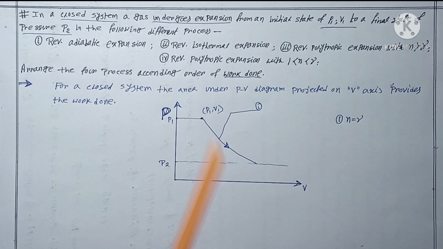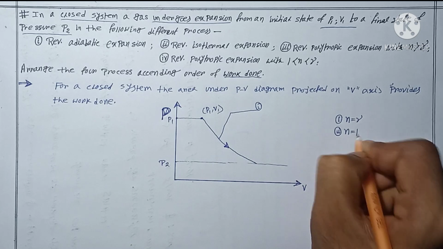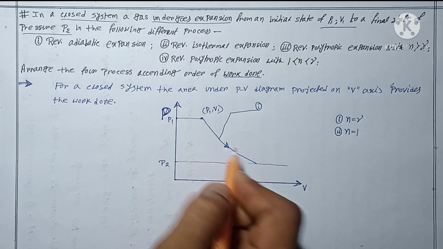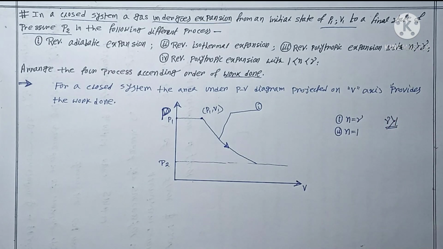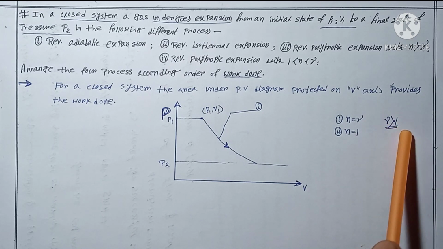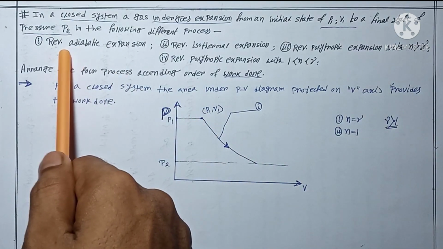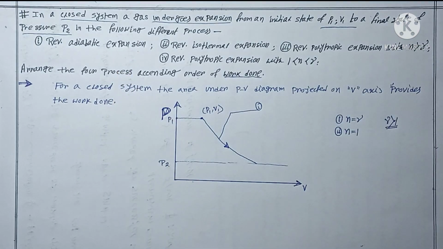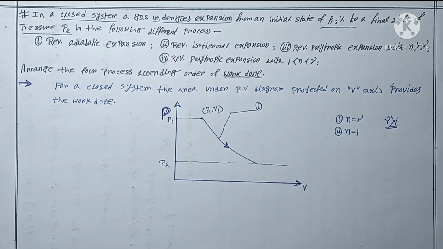Next is the reversible isothermal expansion. For an isothermal expansion process, the value of n, the index, is 1. Here the index for the adiabatic process is gamma, and obviously gamma is greater than 1, because we know the gamma value is 1.4, 1.33 or 1.67 based on the kind of gas. So the slope of the curve representing reversible adiabatic expansion is more than the slope of the curve representing reversible isothermal expansion.